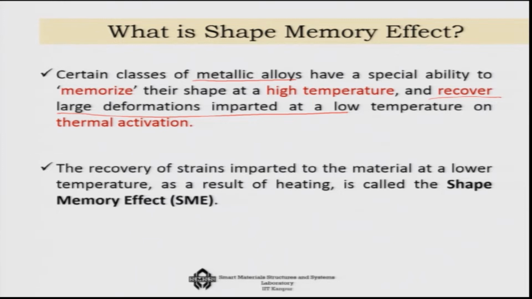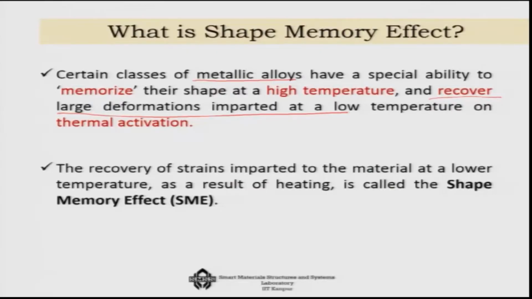Most of the time it is a body centered cubic, BCC, structure that it attains at a high temperature. This recovery of strain imparted to the material at a lower temperature, which is later regained by heating, this entire phenomenon is called the shape memory effect.